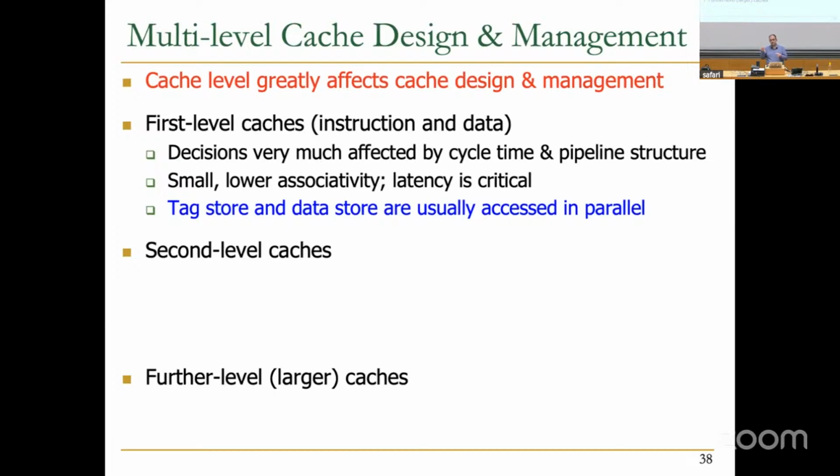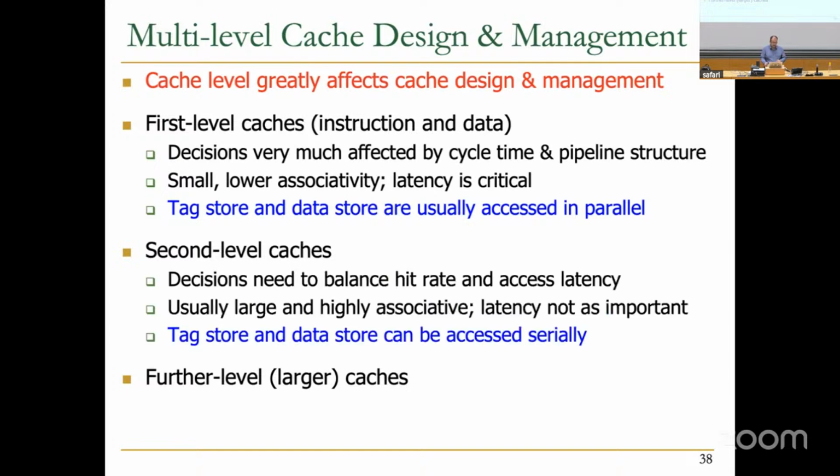The data that you also load from your data store is also good and useful. But if you miss in the tag store, the data that you fetch from your data store is not useful anymore. So that's the overhead that you're paying here. But people decided to pay that overhead because they want fast access latency to their caches.